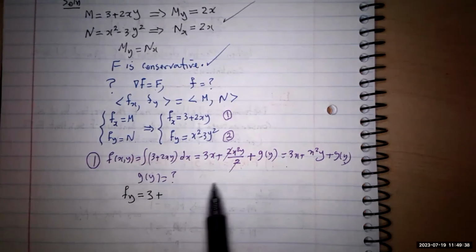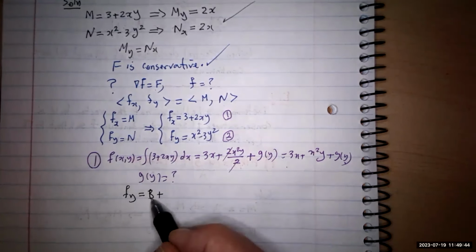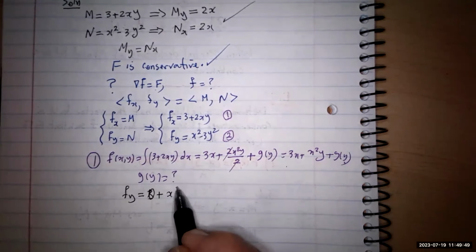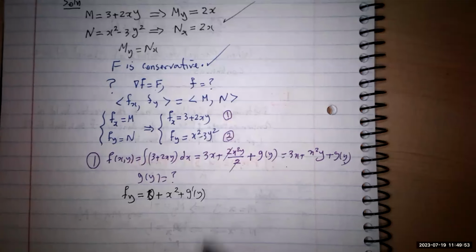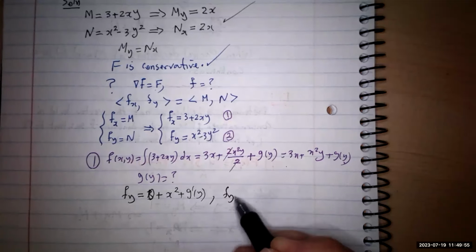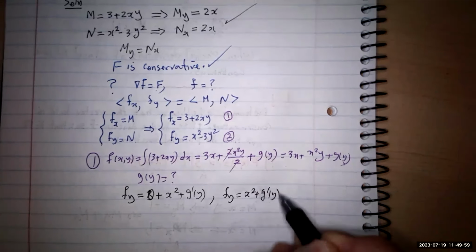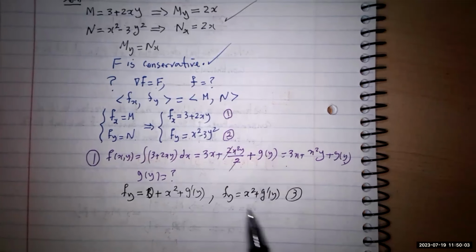With respect to y, the second term gives x squared, and I have g prime of y. So f sub y is equal to x squared plus g prime of y. I call this equation number 3. What I'm going to do is drop this one into equation 2.